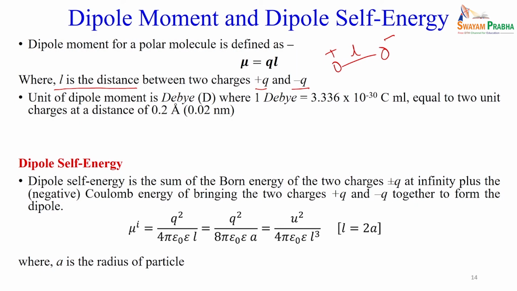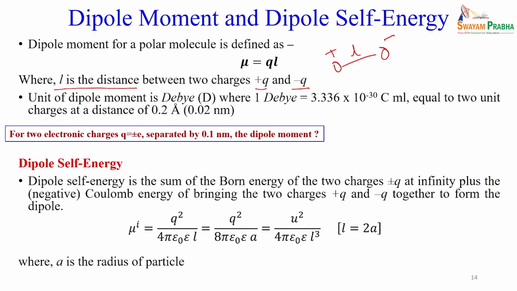So, if you have, let us say, two molecules having one electron charge, separated by L of 0.1 nanometer, we can simply calculate the dipole moment as e, the electron charge, into 0.1 nanometer, in meters. It comes out to be 1.6 into 10 to the power minus 29 coulomb meter.